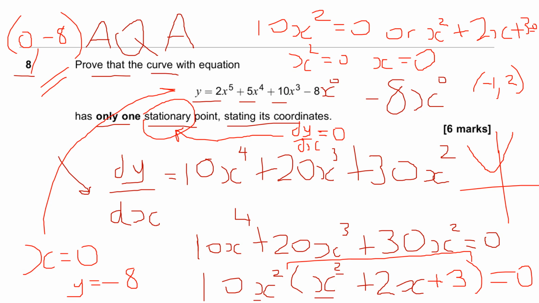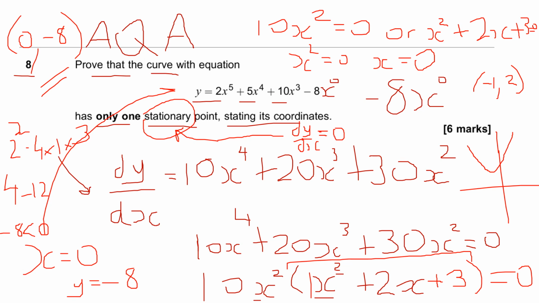Here a is 1, b is 2, c is 3, so you have 2 squared minus 4 times 1 times 3. When you work it out, you get 4 minus 12, which is minus 8, less than 0. Therefore, that quadratic has no real distinct solutions.